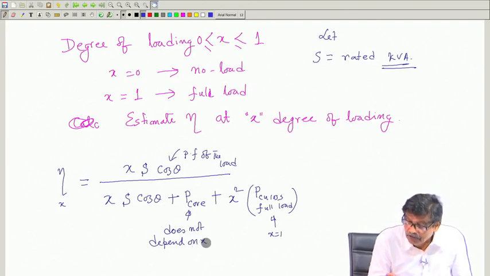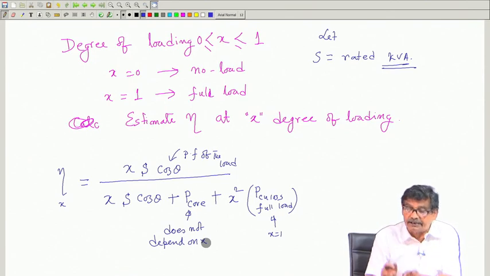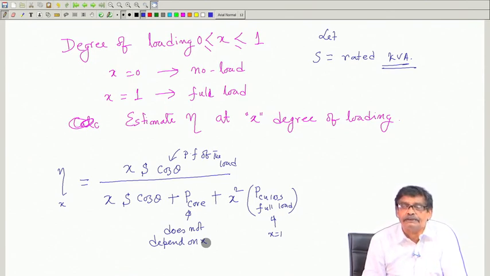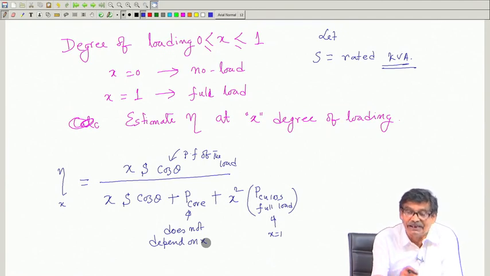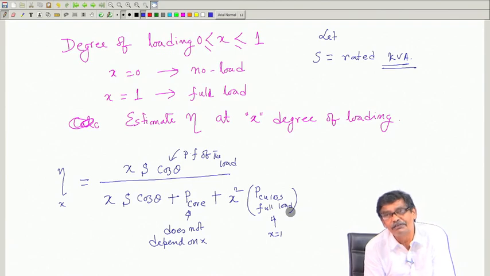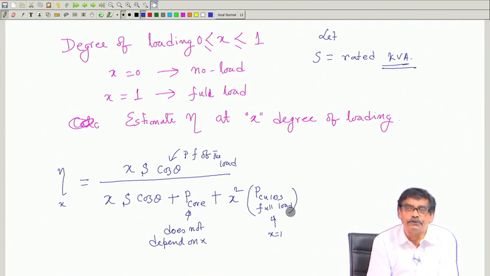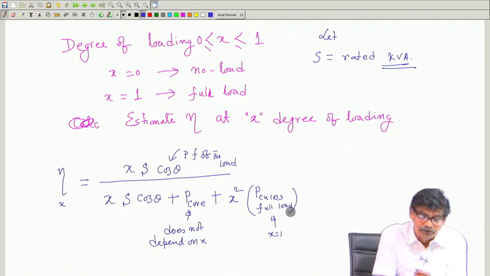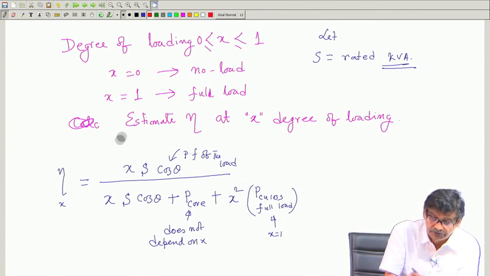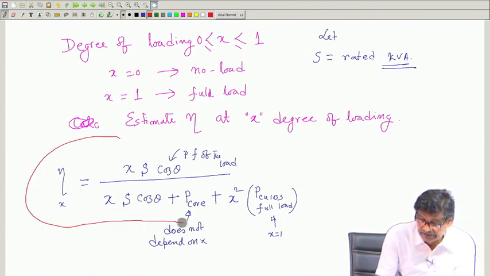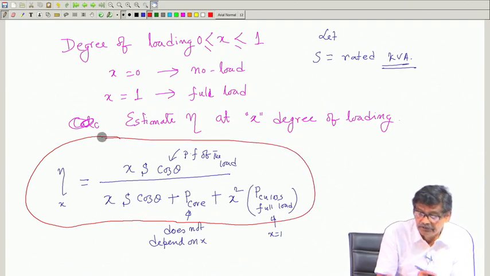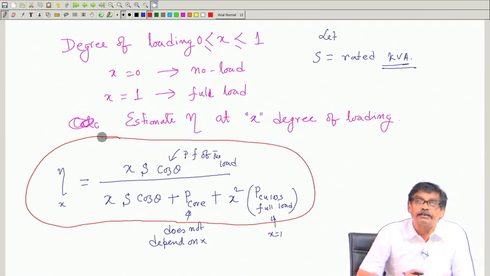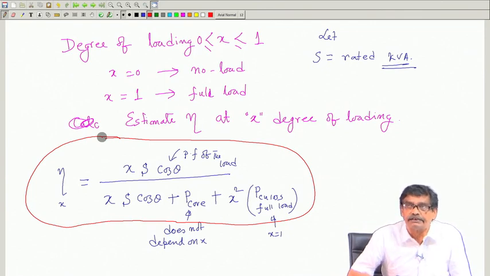And P copper loss at full load I have defined, the copper loss at rated current. Then if it is loaded to x degree of loading, the copper loss at that degree of loading must be multiplied by x squared, where x may be half, 3/4, 40%, 0.4 and so on. So, this is the most important formula so far as efficiency is concerned, and we will discuss this expression further in my next lecture. Thank you.